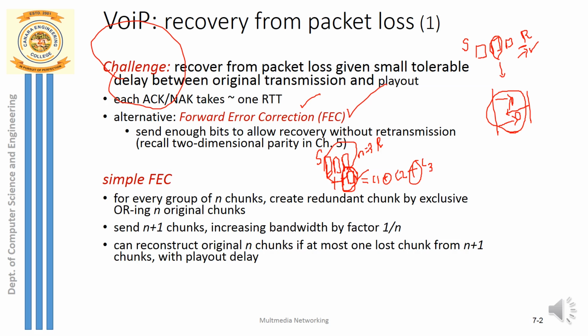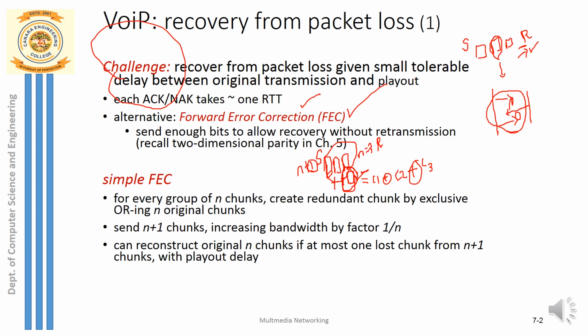Remember, in general, whenever we say the sender is sending n plus 1 chunks, the n chunks are the group of chunks the sender is sending, and the one extra chunk is the redundant chunk, which is the XOR of all these n chunks. Using that extra redundant chunk, the receiver will be able to recover from the packet loss.